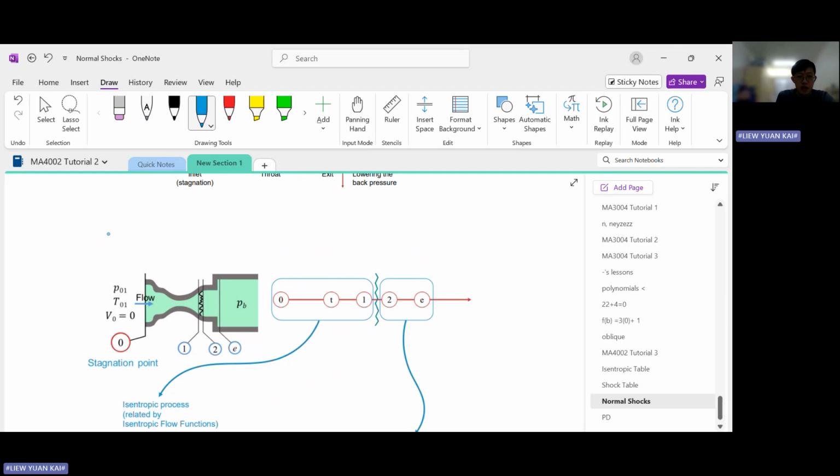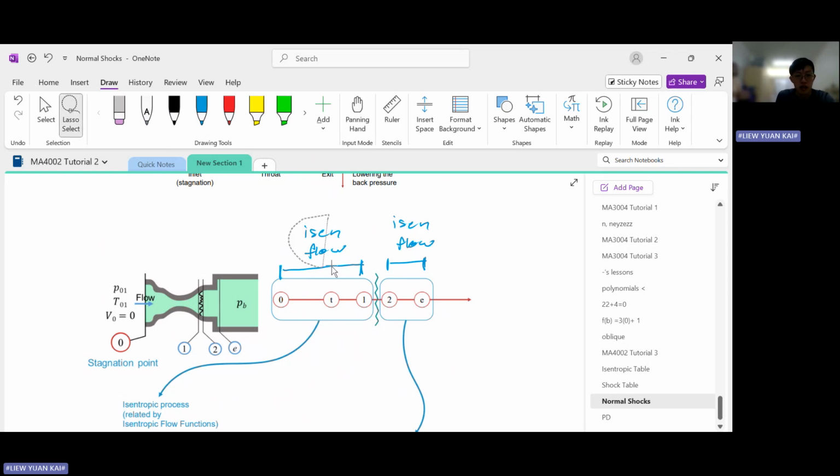Besides the shock, the other points are all isentropic. From 0 to 1, this is an isentropic flow. Then from 2 to the exit, this is also an isentropic flow. But they're not the same isentropic flow. They are two separate isentropic flows.